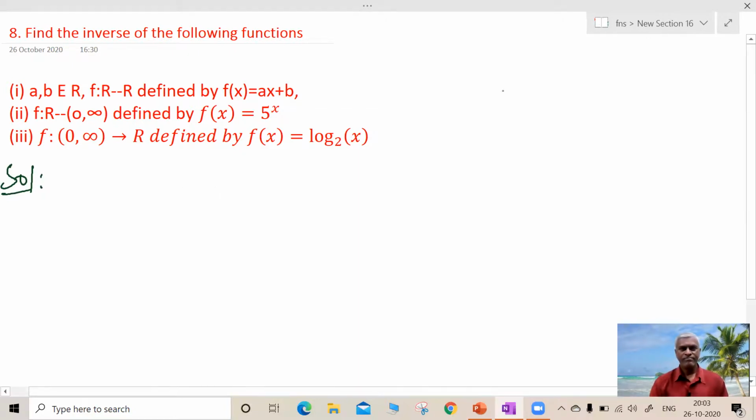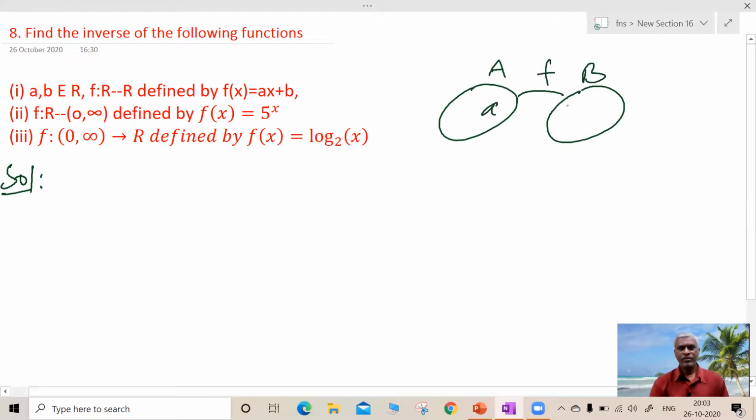Already I explained the concept of inverse function. If f is a function from A to B, then f of a is b.